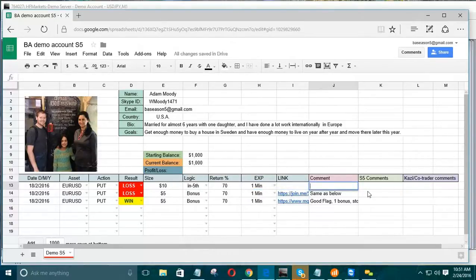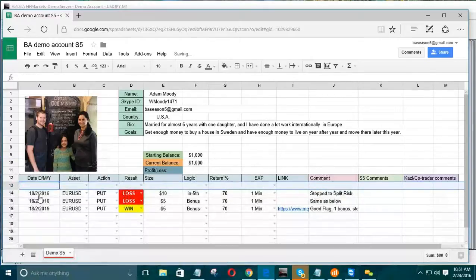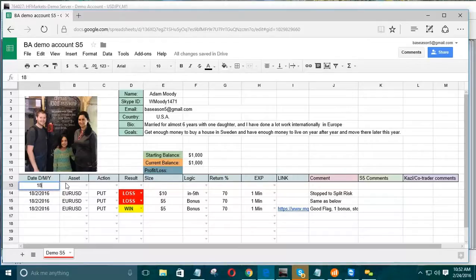And then here you can say stopped to split risk. Okay. And then we know that you guys have split the risk, and maybe you went later on that day and found a better trade, some type of seventh logic, maybe same one, different one, and you won with your $25, and you come in here and say seventh logic.